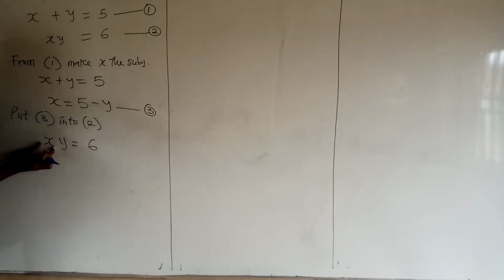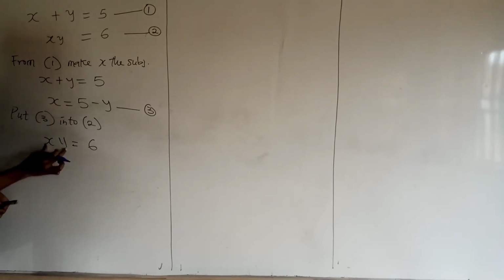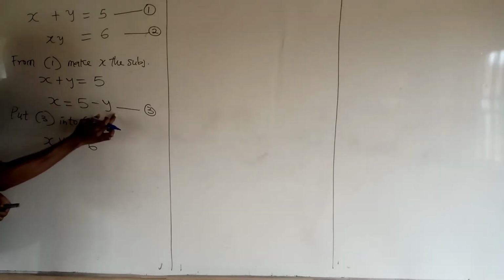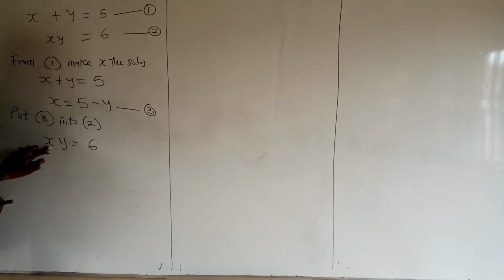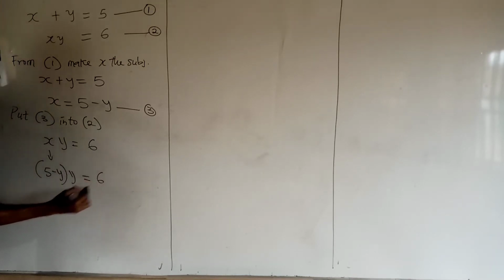If I put equation 3 into equation 2, it simply means that wherever I see x in equation 2, I will substitute it with 5 minus y. So x becomes 5 minus y, then I have my y outside, equal to 6.